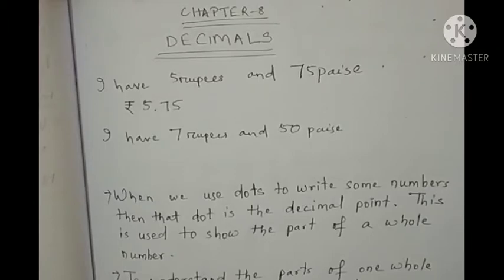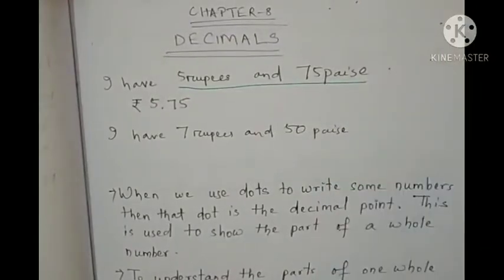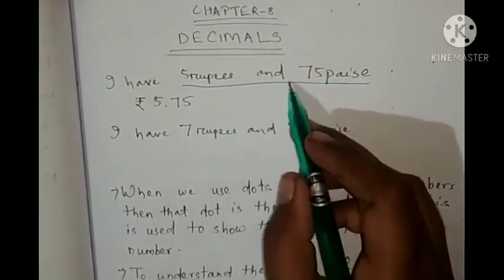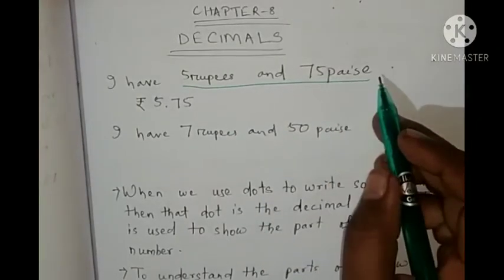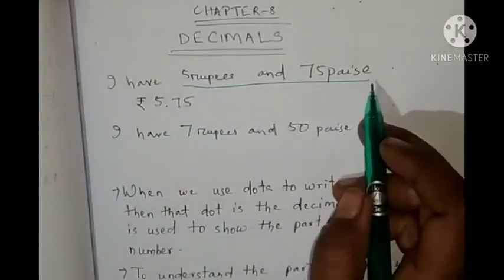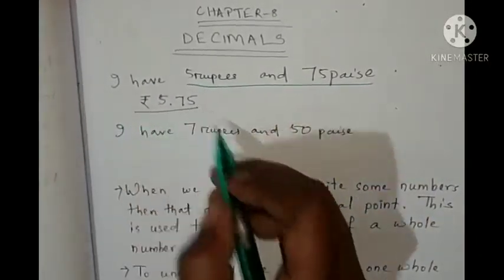So let's see. Here you see I have 5 rupees 75 paise. So many words we have written, 5 rupees and 75 paise, but we can write this in decimal form.